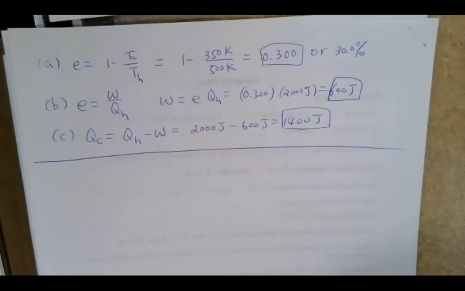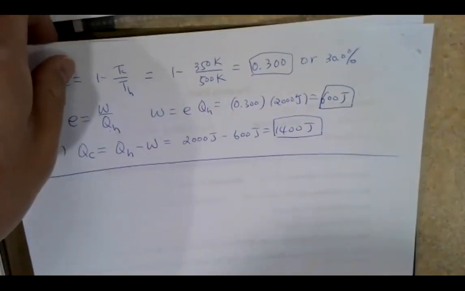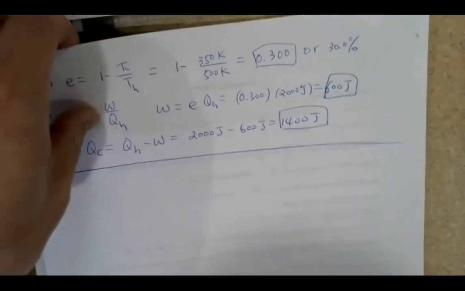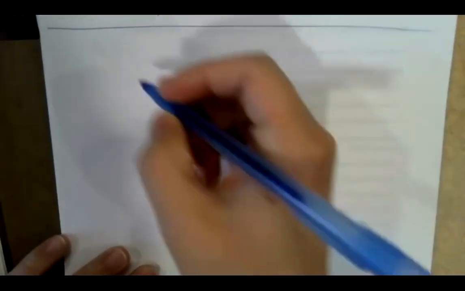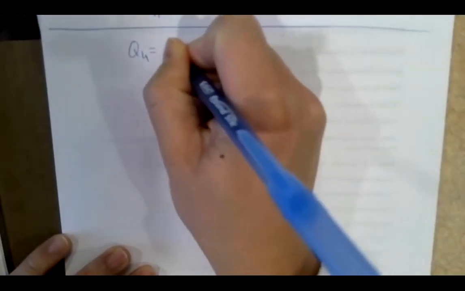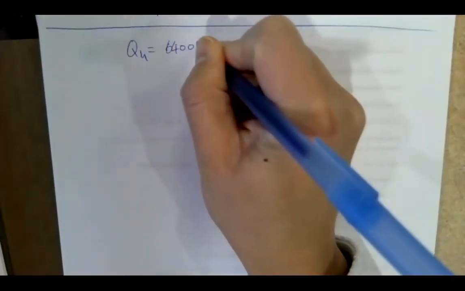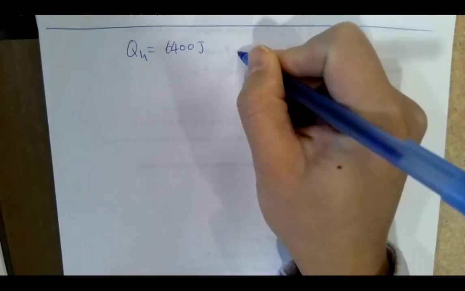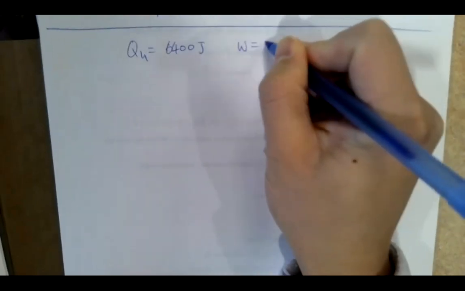So let's take a look at this one. It tells us QH is equal to 6,400 joules. It tells us that it does 2,200 joules of work.